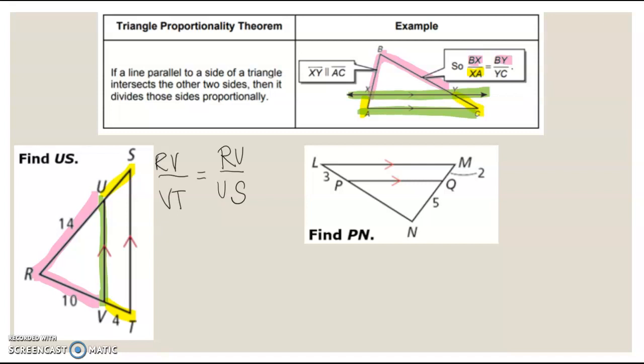We want to find the measure of US. In order to do that, let's first fill in our values. So I know RV is 10. I know VT is 4. I know RU is 14, but I don't know the measure of US.